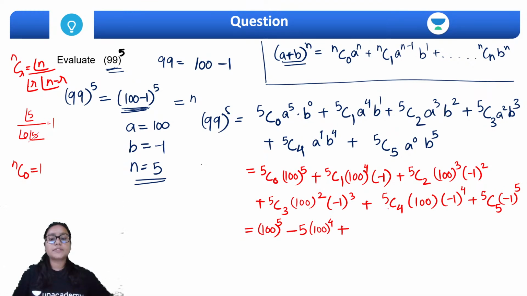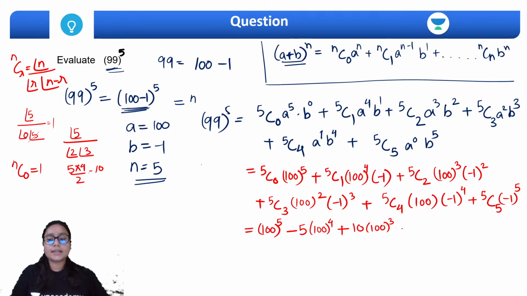What is the value of 5C2? You can find it using factorial 5 upon factorial 2 into factorial 3. So this will be 5 into 4 by 2, hence 10. So this value is 10 into 100 raised to the power 3.